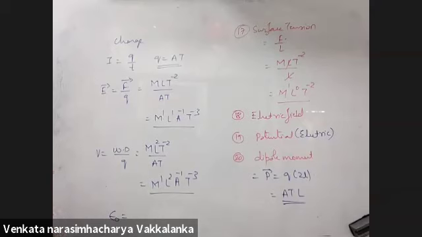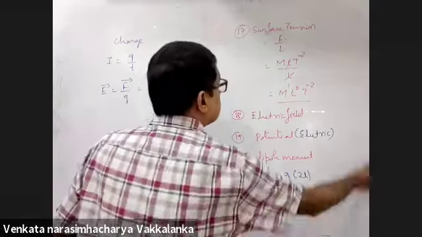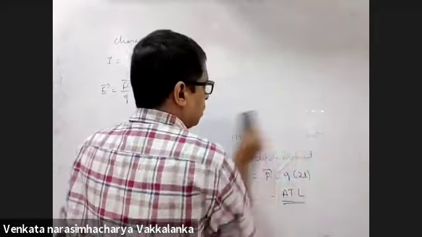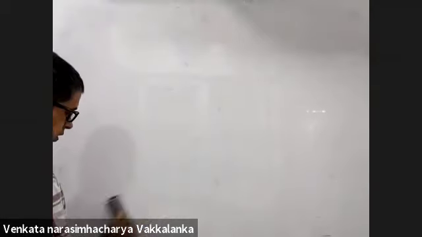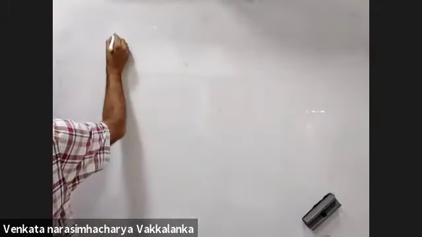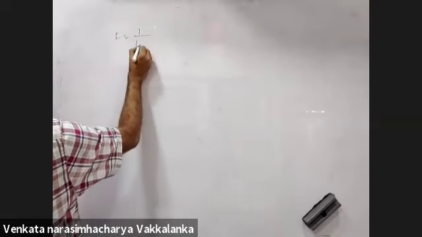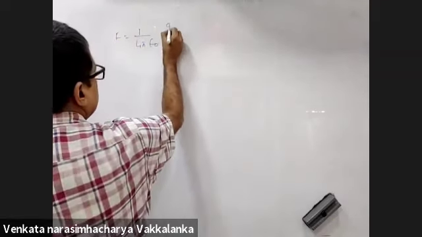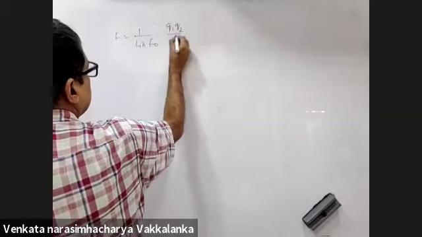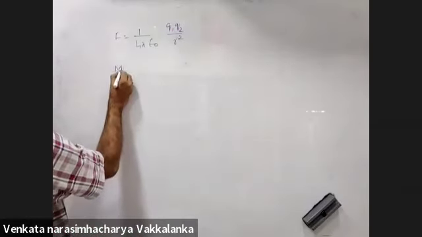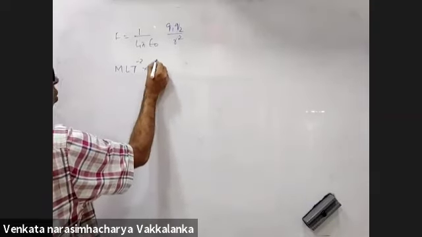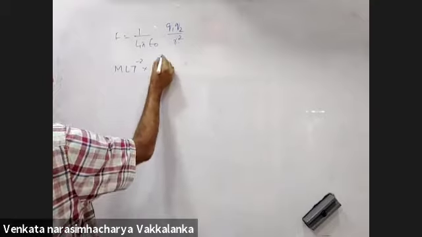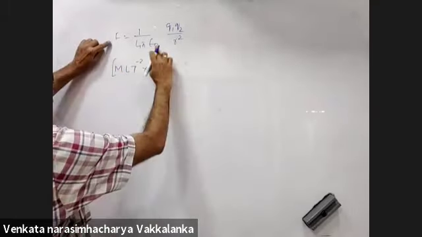M to the power minus 1 A squared T to the power 4 L to the power minus 3. Epsilon naught. F is equal to 1 by 4 pi epsilon naught Q1 Q2 by R square. This is M L T to the power minus 2 into L square. Right? Have a look at it.